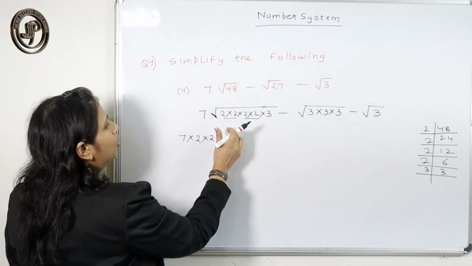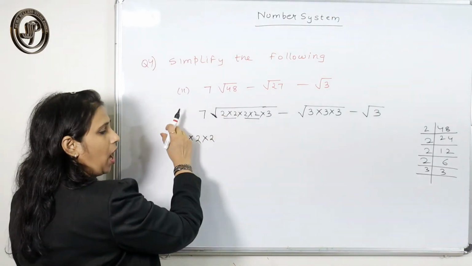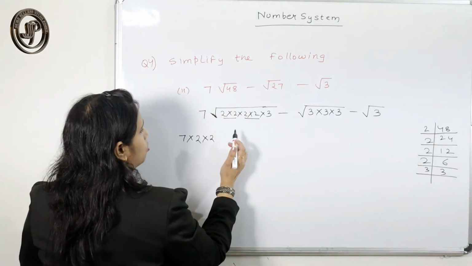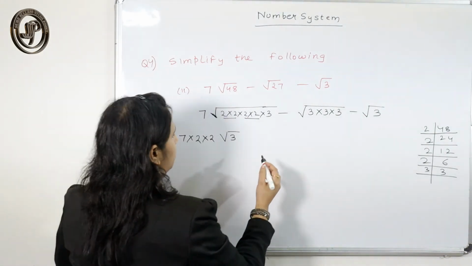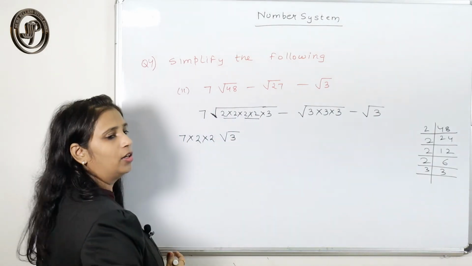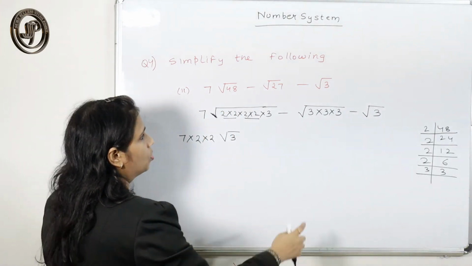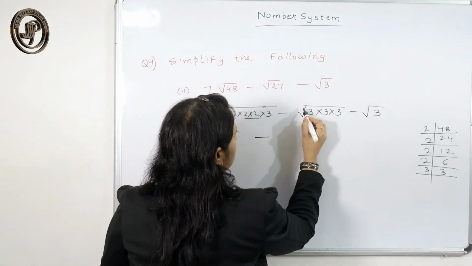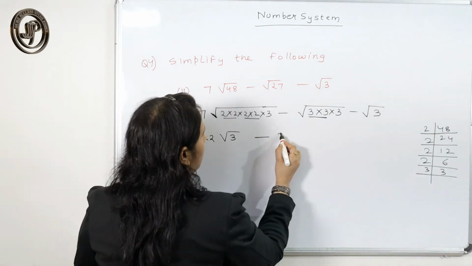Here is a 7. If you take this pair out, this becomes single, so you are left with 3. Why are we making pairs of 2 only? Because here the order is 2. To make a pair of 2, take it out of the radical sign.